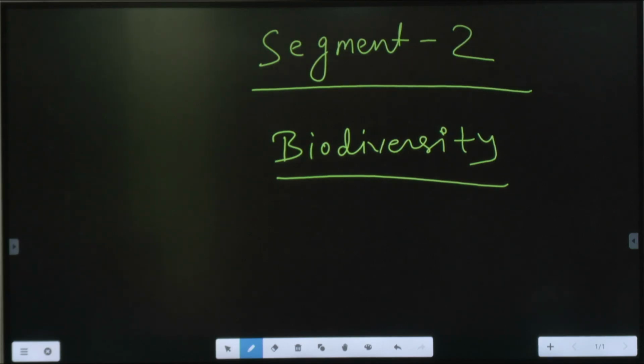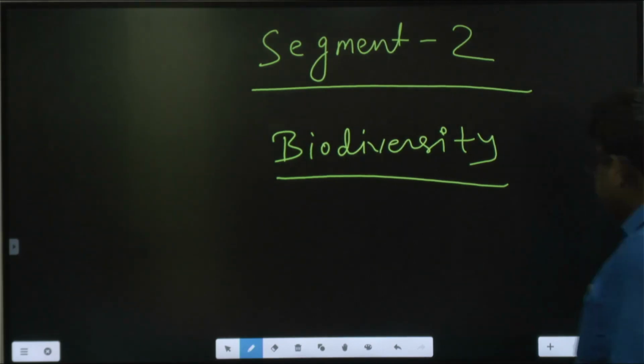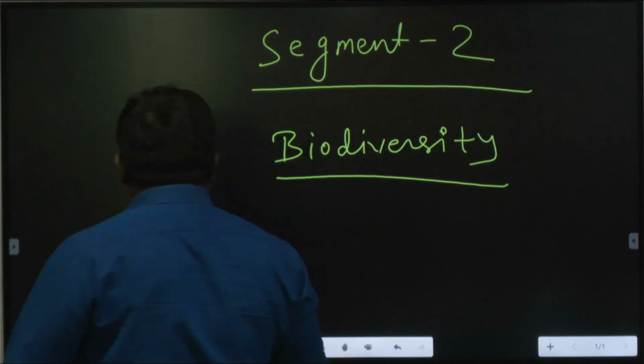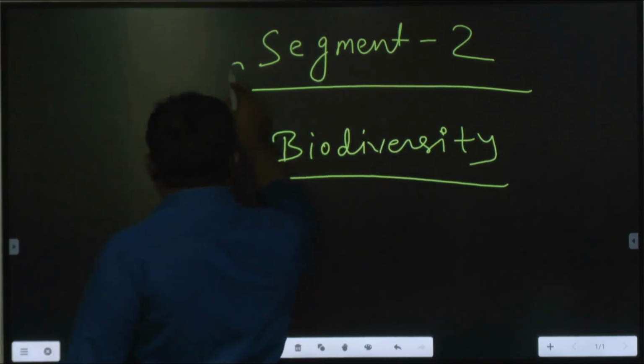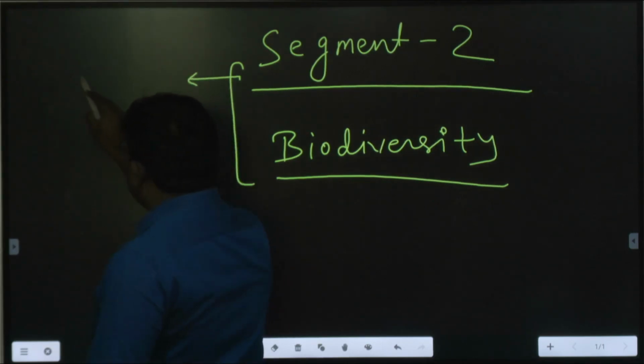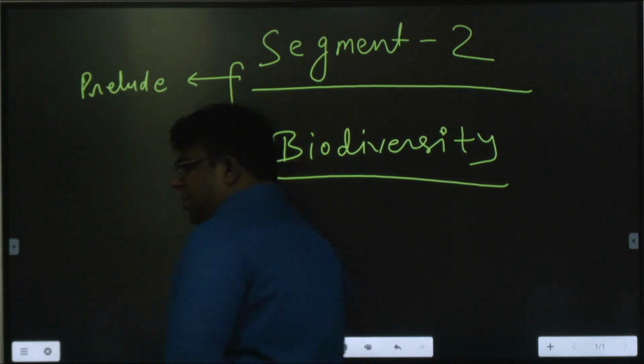So how can we start the discussion of this segment? If I try to present the list of all the theoretical aspects which we are going to discuss, as usual we can initiate our discussion with introduction, prelude, right?